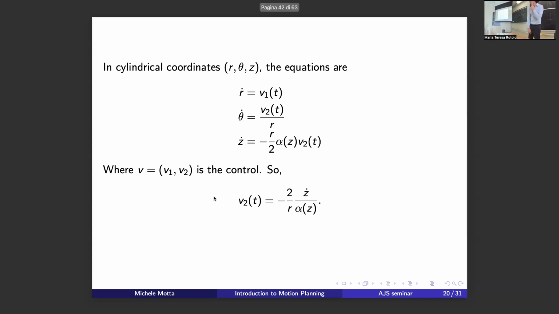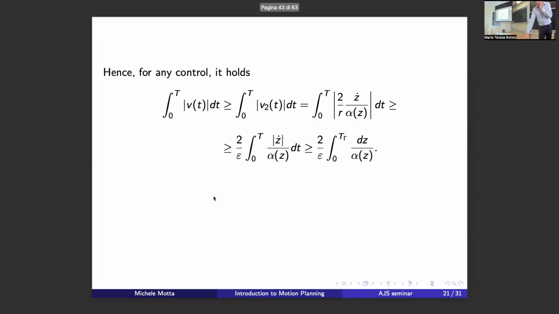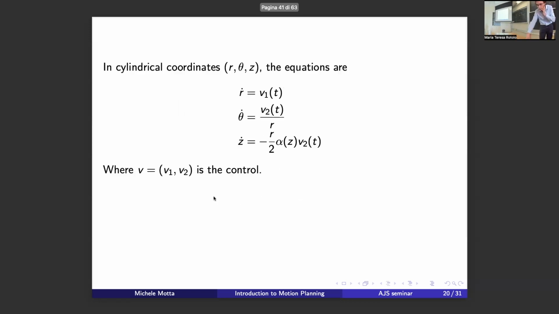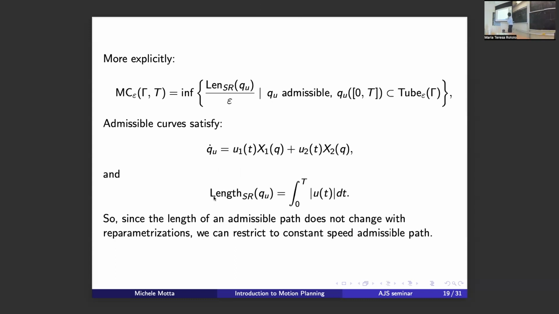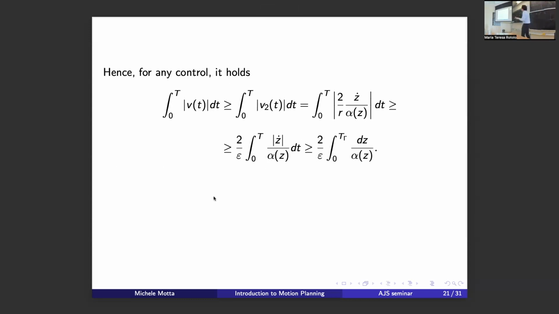So in particular, from the third equation, you can write the control as a function of the variables z and r. And we want to minimize this function here basically. So we can write: if we pick any control, this is greater or equal than just the integral of the second component. We can use here the expression that we have derived before.